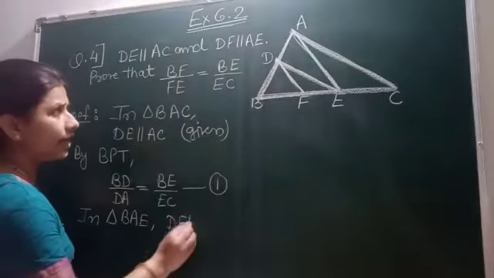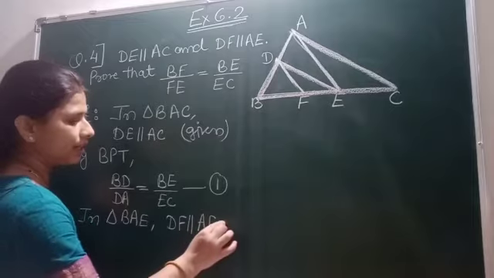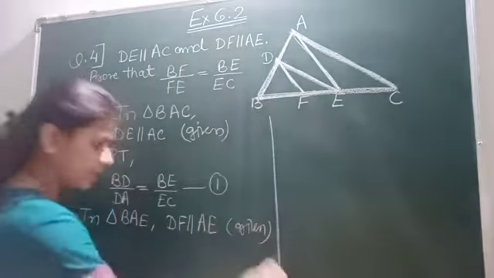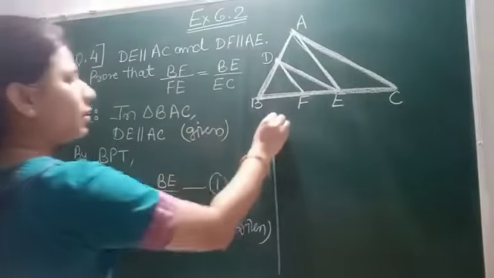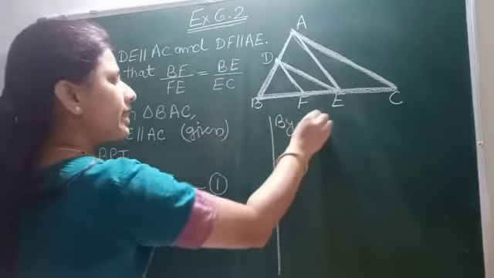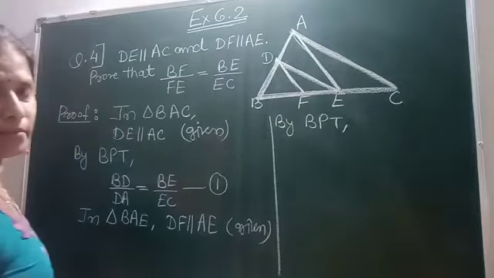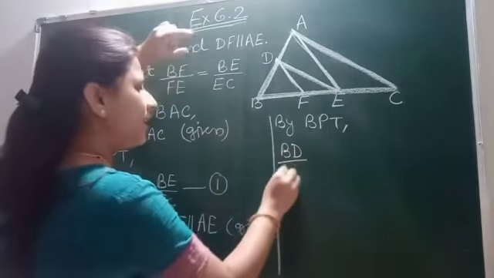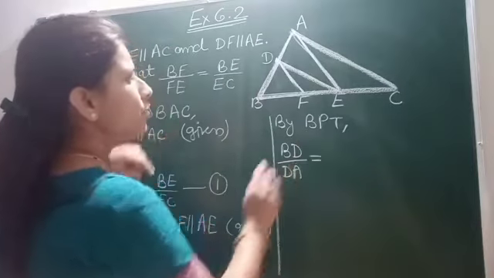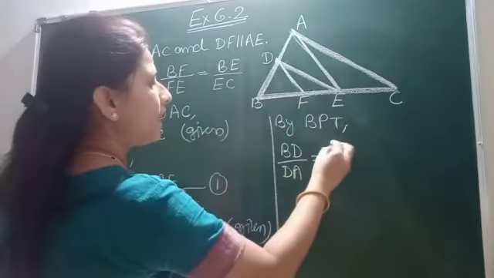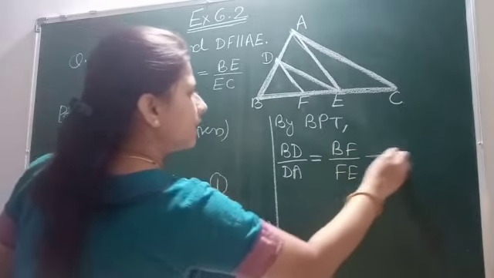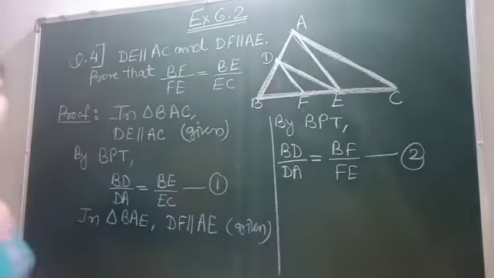That DF is parallel to AE. It is given that. Okay. So by basic proportionality theorem, BD upon DA equals to BF upon FE. This one is our equation number 2.